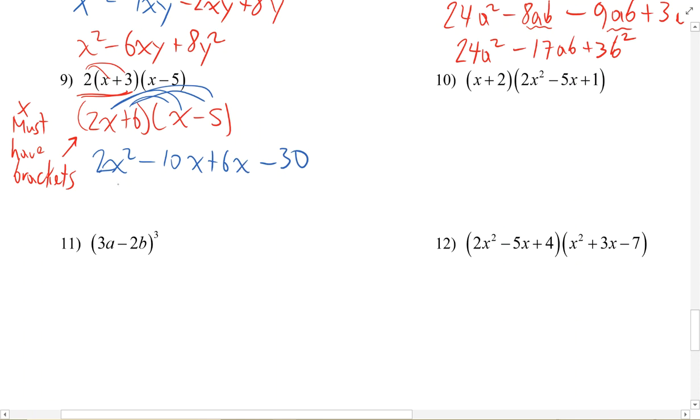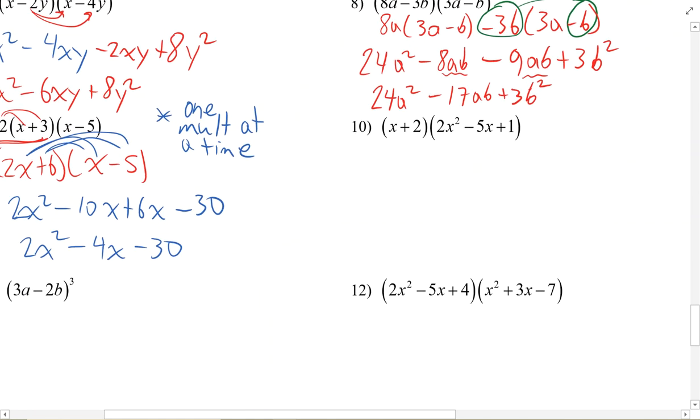Collect like terms, and we get 2x squared minus 4x minus 30. So the idea here is one multiplication at a time. That's the important thing to remind you there. All right, I've seen some weird stuff with this.